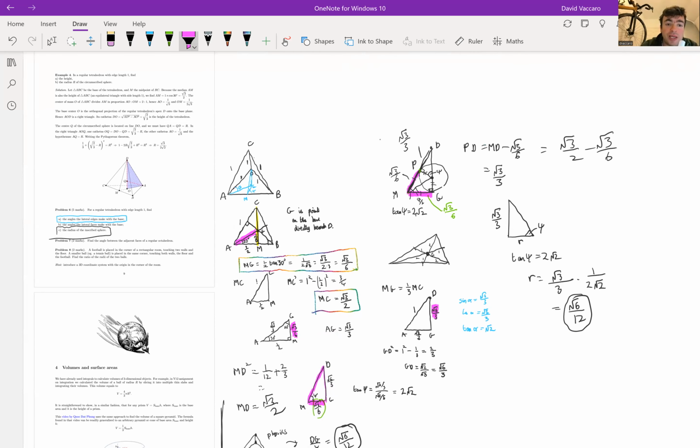If you actually do it, you shouldn't be at all surprised that these two distances are also equal, because the center of the inscribed sphere is the same as the center of the circumsphere. Okay, is everyone happy with problem 6, or would anybody like anything to go over?